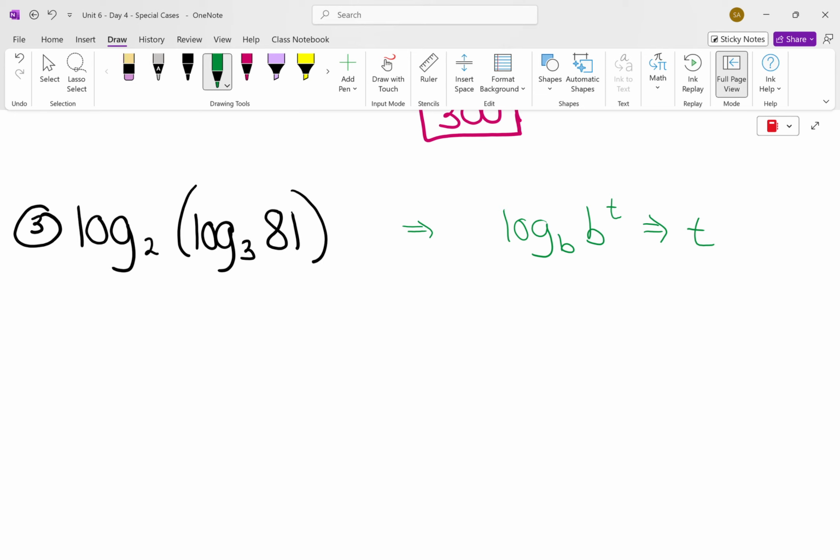Yeah. I can't use that right now, looking inside my parentheses, because the base is 3 and my argument base is 81. But can I make 81 into a base of 3? Yes. We sure can, so let's do that. So we're going to say log base 3 of 3 to what power? 4. Good.